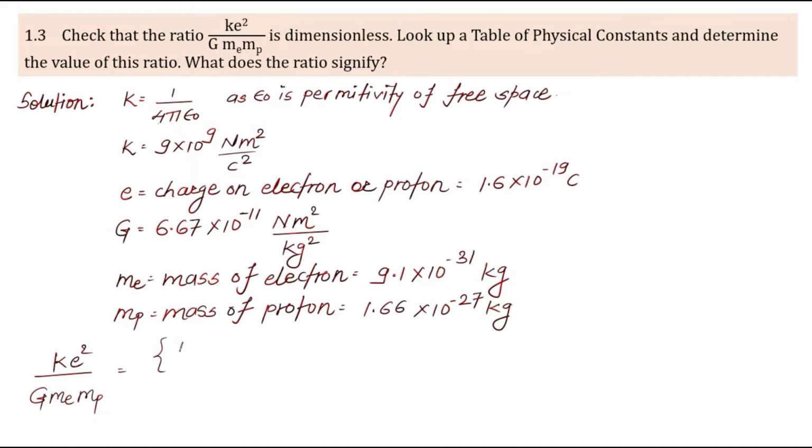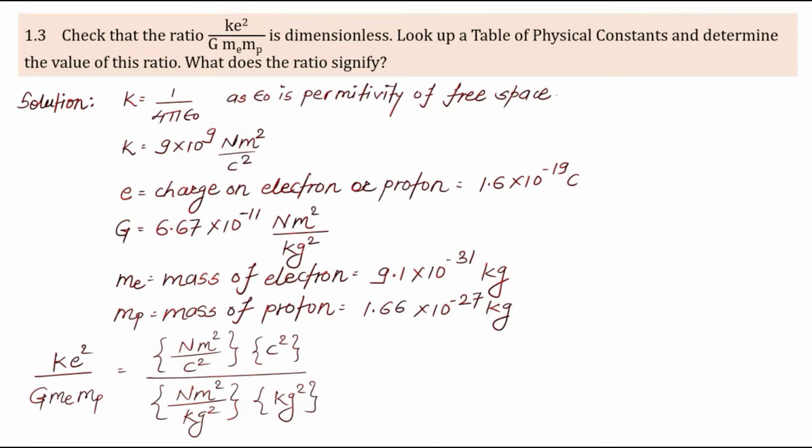For K, the unit is Newton meter square per coulomb square. The square of charge on electron and proton is in coulomb square, upon the gravitational constant unit Newton meter square per kg square, and the product of masses of electron and proton, that is kg square.